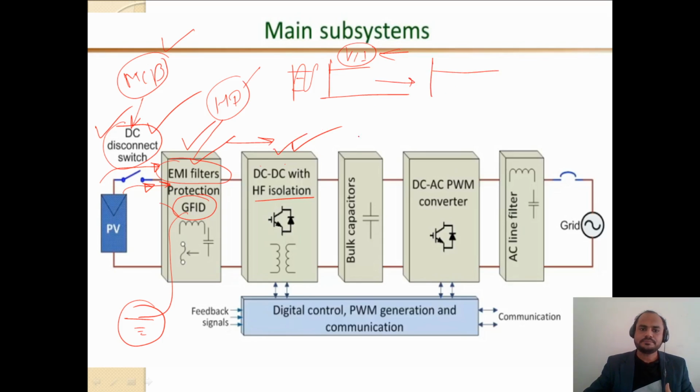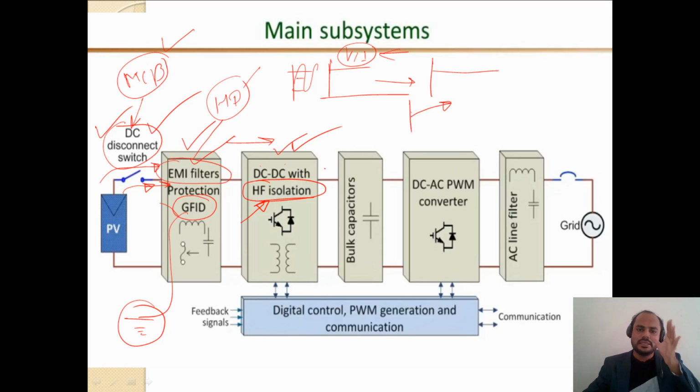With the help of this HF isolation transformer, called the high frequency isolation transformer, it is used for step up or step down purposes. In the early morning the voltage is lower, so with the help of the HF transformer we increase the voltage of the stable DC voltage.